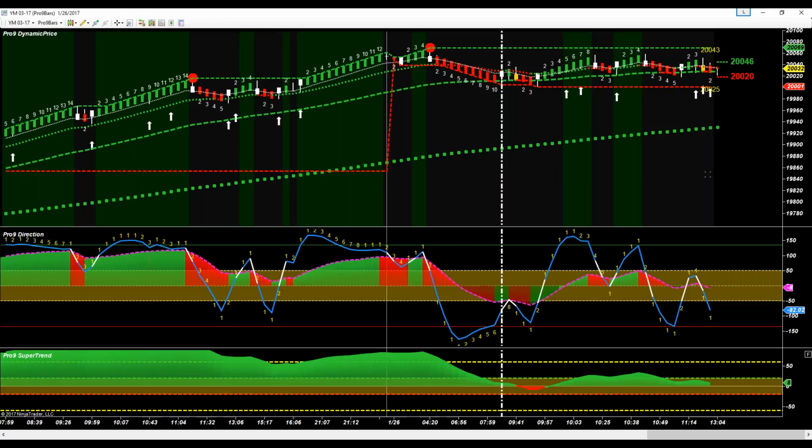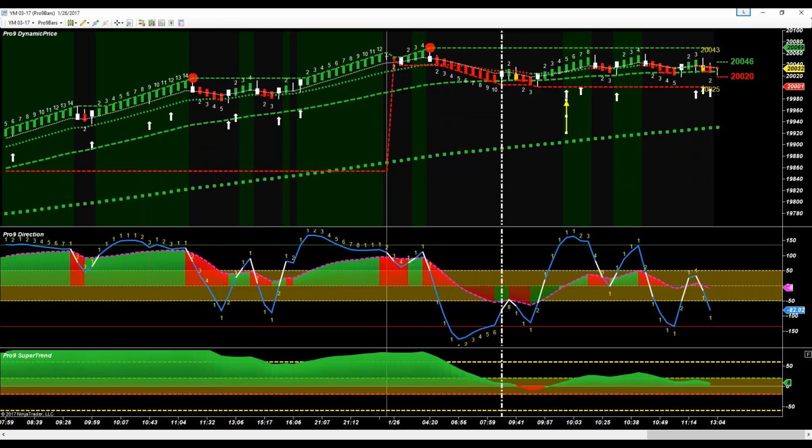So, just throwing it out there, it's not a bad idea to have a couple markets you're willing to look at in case your favorite market for the day is slow.